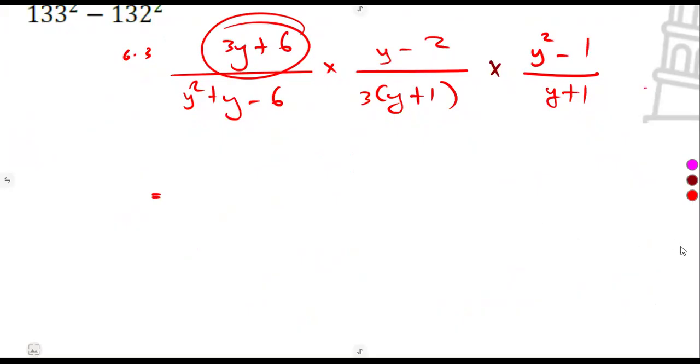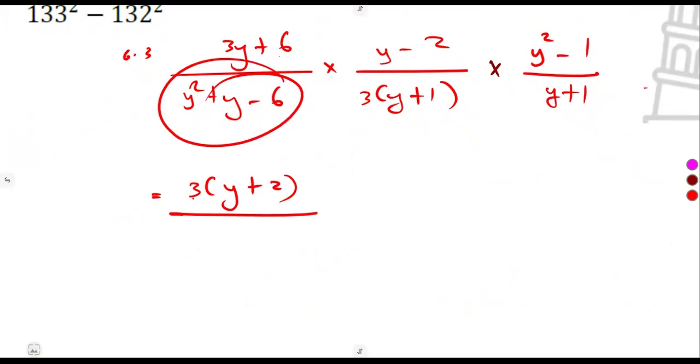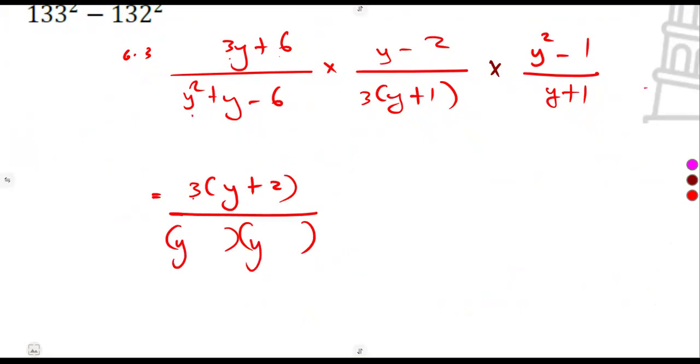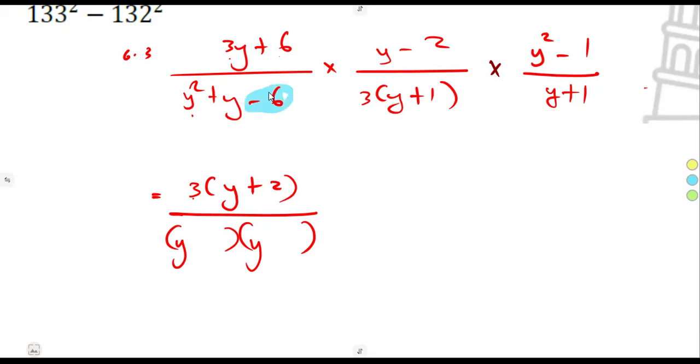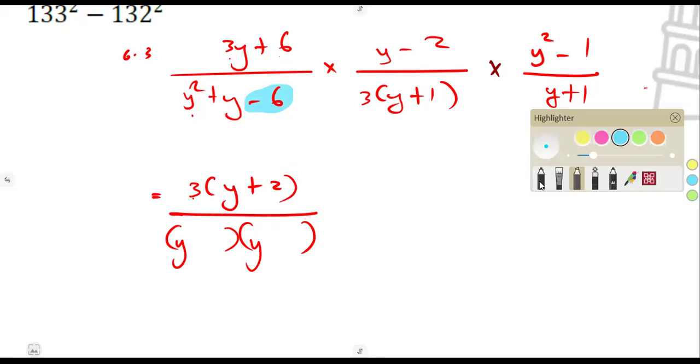The first part, 3 is common. So factor that, 3 and 3, that's going to be y there. 6 divided by 3, that's a 2. Remember, I talked about this type of factorization where we have got a y squared. We must have y and y here. Then we focus with the factors of the constant, which is -6.